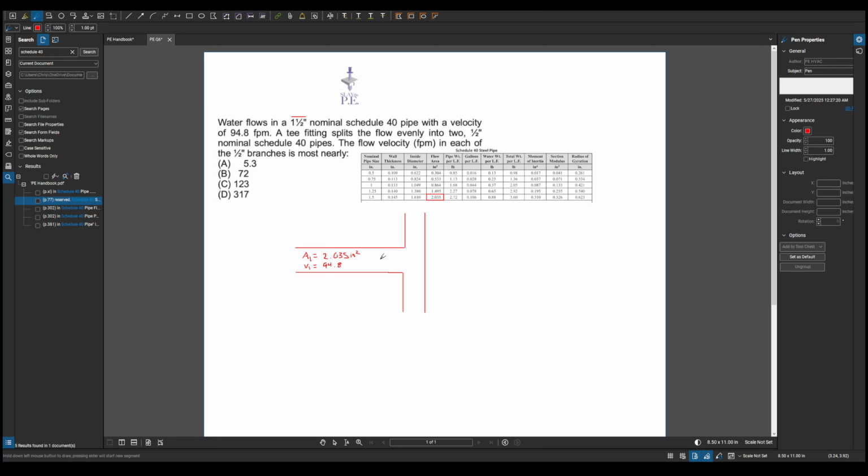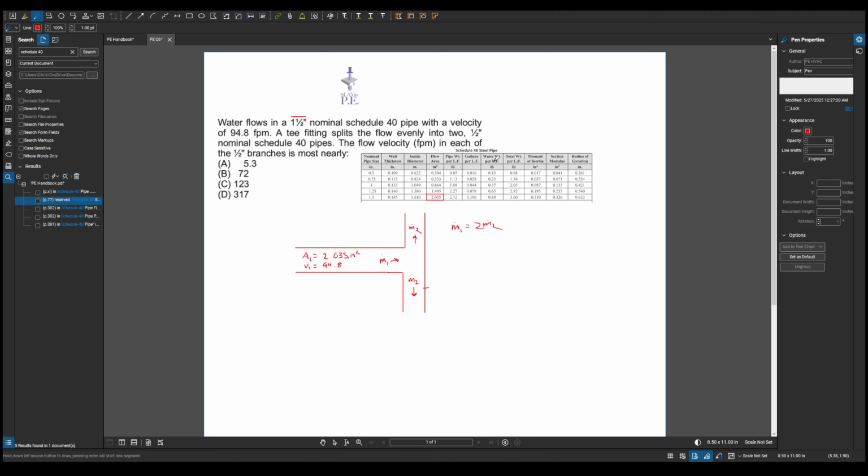So we have our M1 coming in, and then it splits into M2 and M2, since these are both equal. So if we set this up, what goes in, M1, should equal 2 M2s.